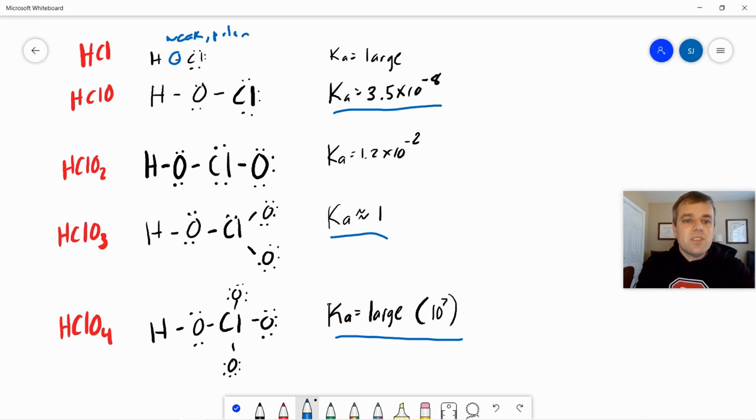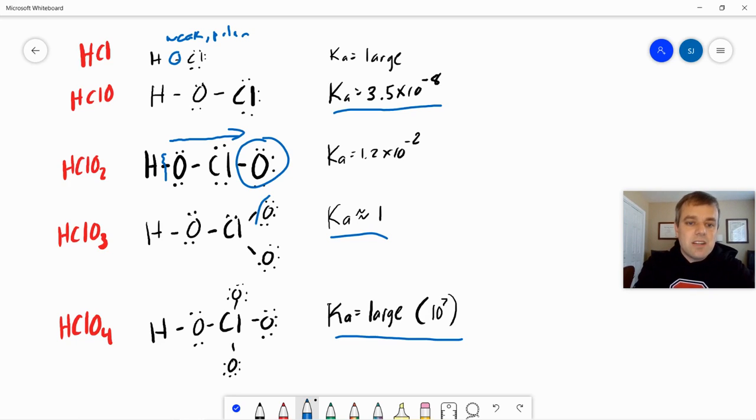But what happens is, as we add more and more oxygens onto the chlorine here, these oxygens are electronegative. And so it's going to pull the electrons towards that end of the molecule, and it will weaken the bond between the hydrogen and the oxygen by polarizing that bond.